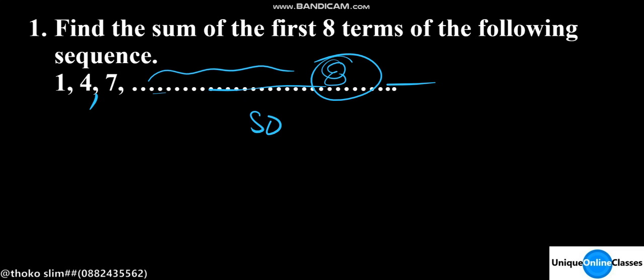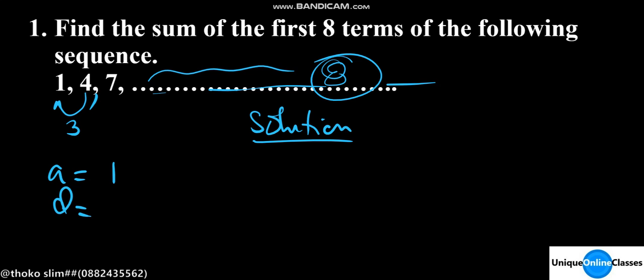Solution. Our first term is 1, and the common difference, if you subtract 4 minus 1, the answer is 3, or 7 minus 4, still the answer is 3, so the common difference is 3.